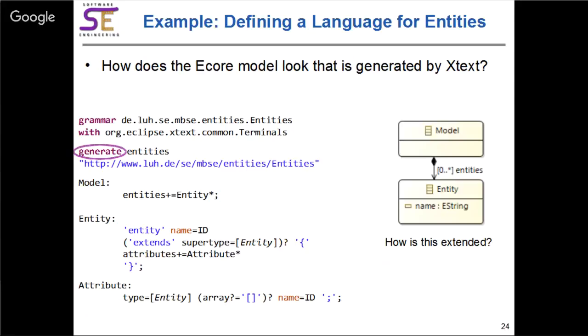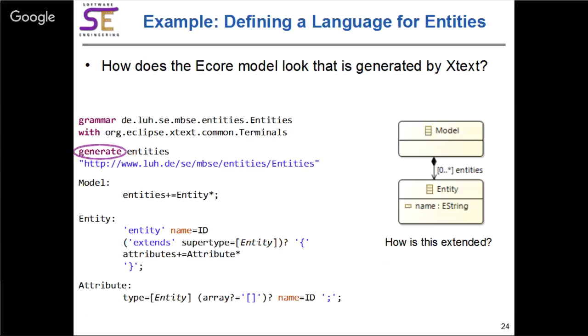So what about this reference, entity? It's of type entity, but the name, do you remember this one was called supertype? Type. This one would be type, right? Okay. And the cardinality? So the supertype was 0 to 1 because it was optional.